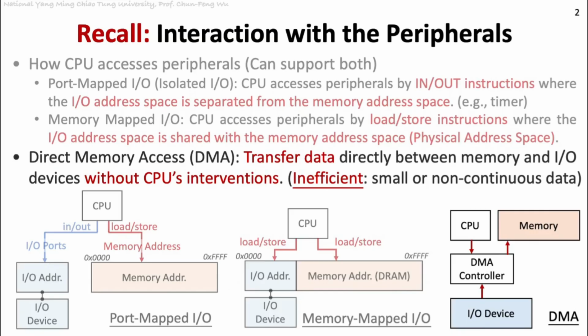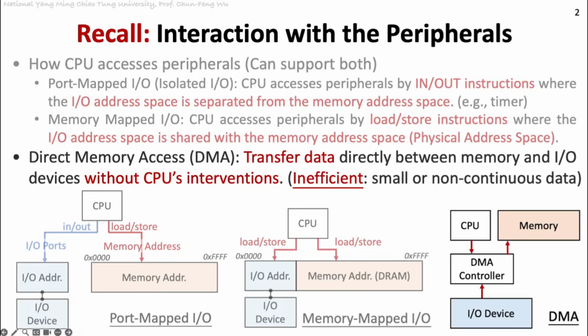But actually, in most systems now, we use DMA for most of the cases, okay? Because the CPU's resource is quite important for the processes, so using more DMA controllers is also a good trade-off here.